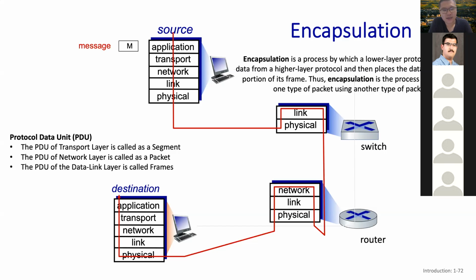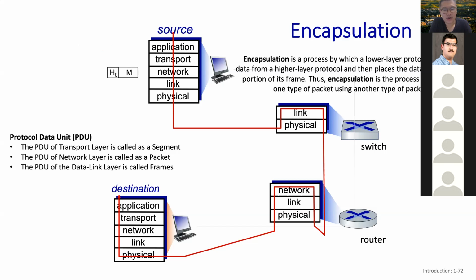If you have some message from the application layer, denoted as M, this message will go to the next layer, the transport layer, and the transport layer will call this data unit a segment and encapsulate this message with some extra information, HT here, and then go down to the network layer.